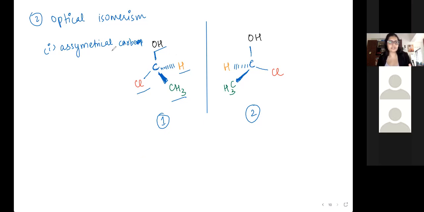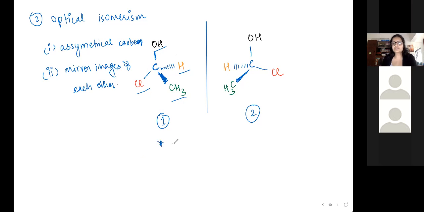So asymmetrical carbon. And the second thing is both the compounds should be mirror images of each other. So these two are optical isomers, and the special name given to these isomers is enantiomers.